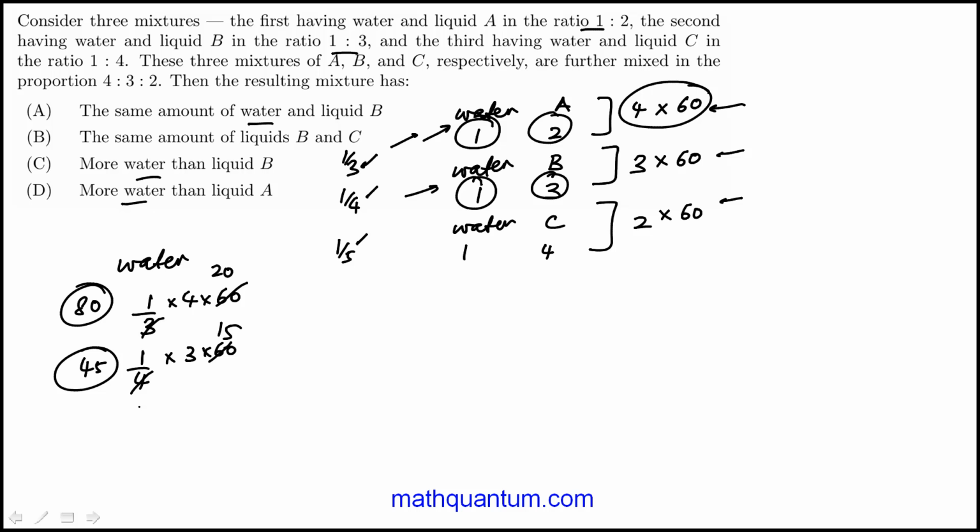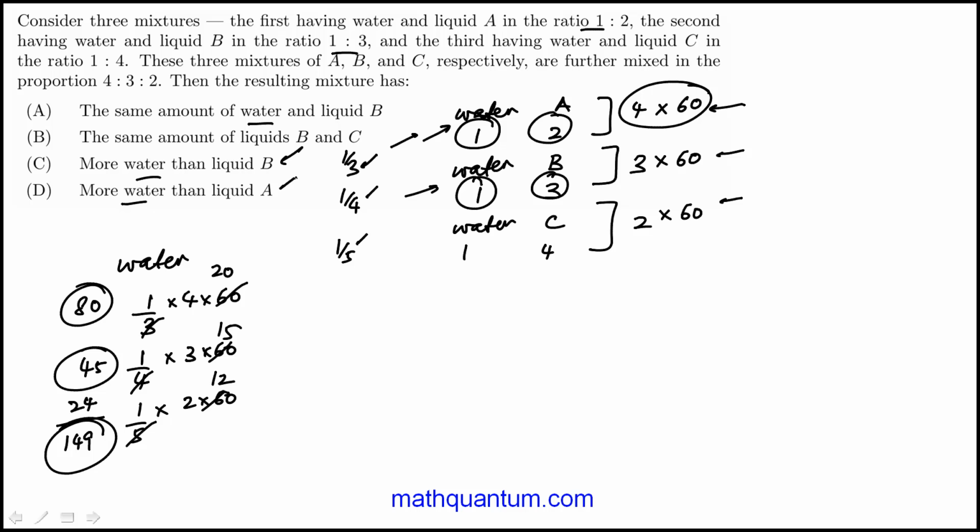And then finally, I have 1/5 of 2 times 60, so that is 24. If I add them, that's 149. So that's the amount of water in this combined mixture.